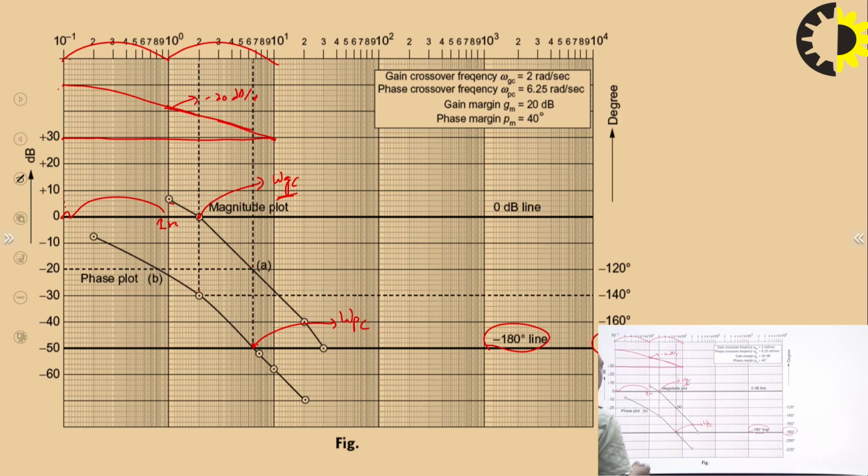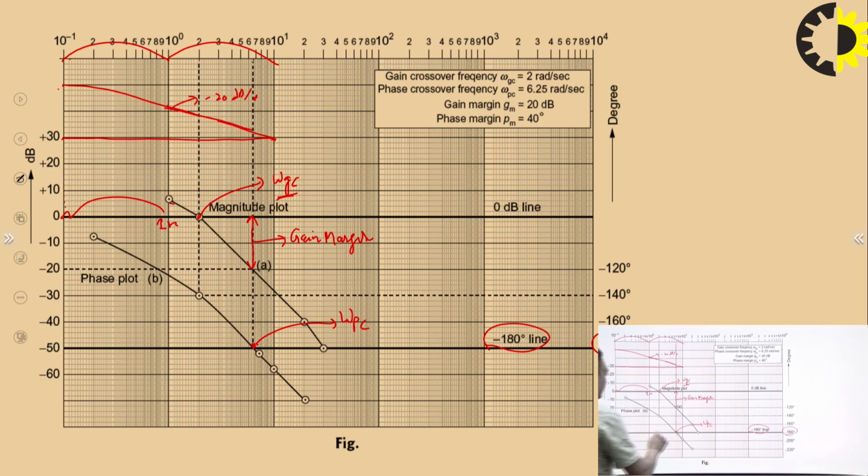If you see here, this is the magnitude plot and this is the phase plot, and this is basically measured below the 0 dB line. So that's why this is called gain margin.